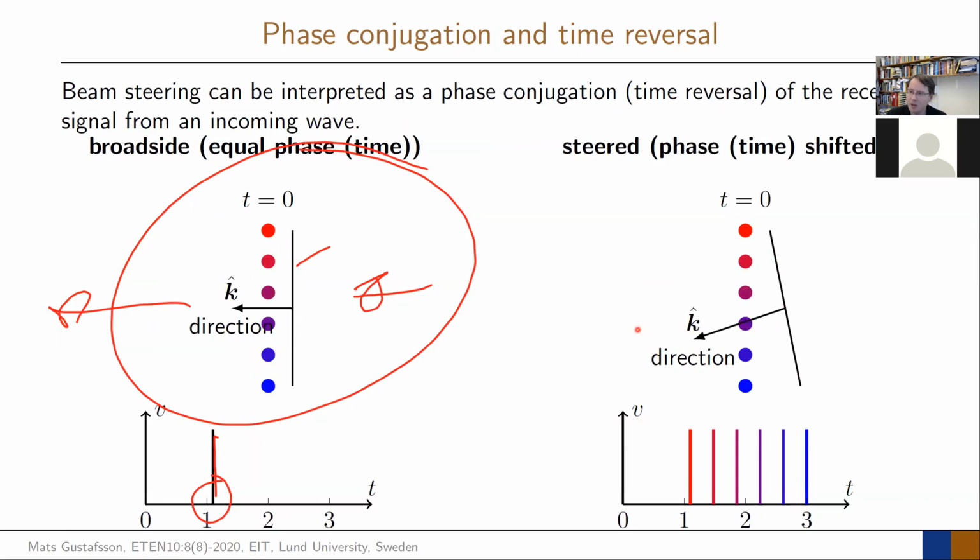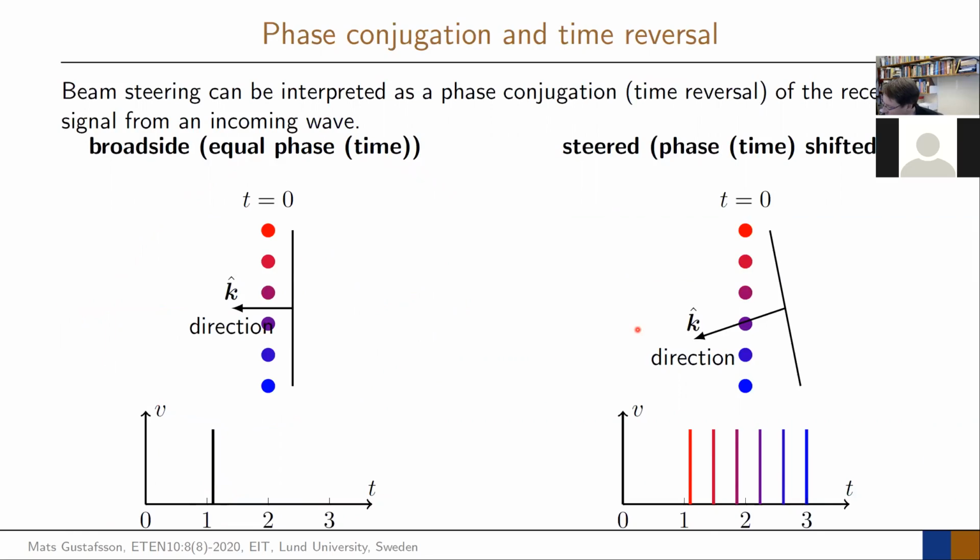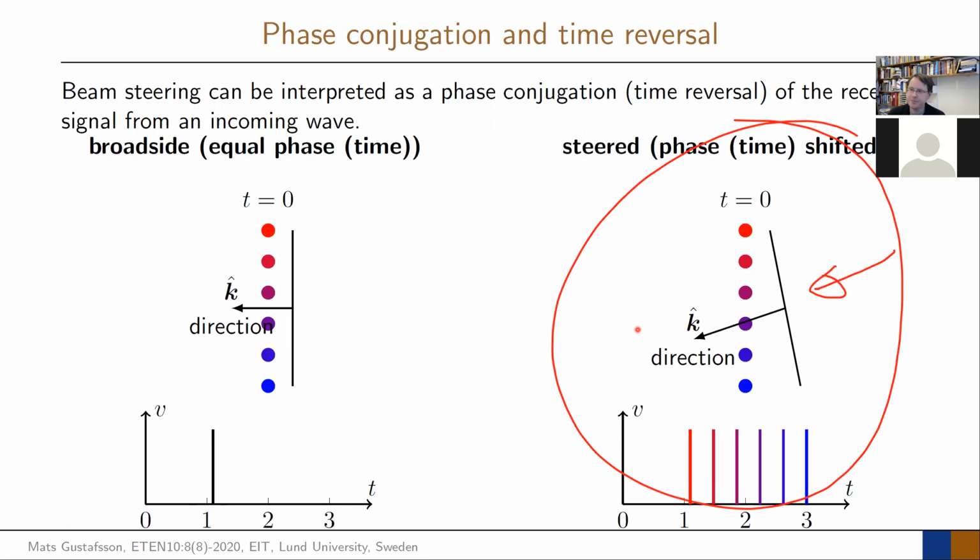If I do the same thing for this one that is now in a slightly different direction, so we focus on this one, then the wave is coming from this direction. And then, of course, I will first receive a signal at element 1, the red element. And that is what I can see here. I receive that signal slightly after time 1.